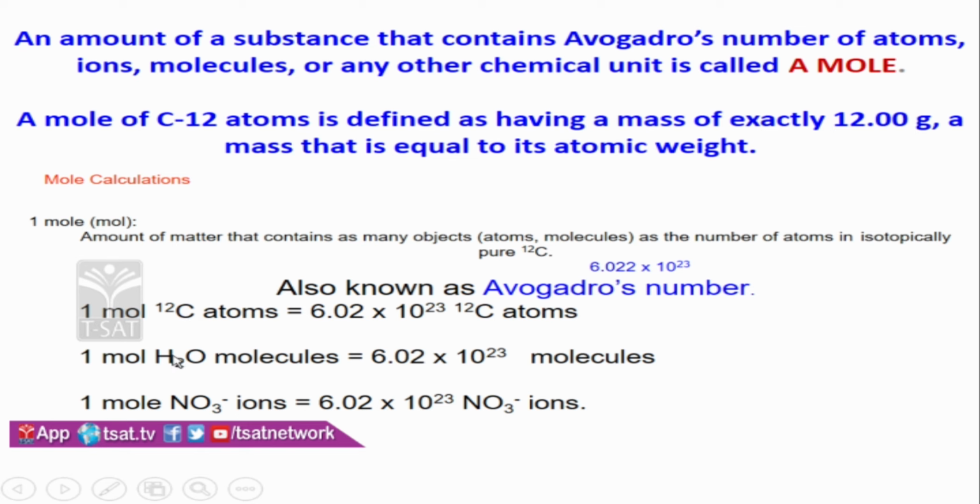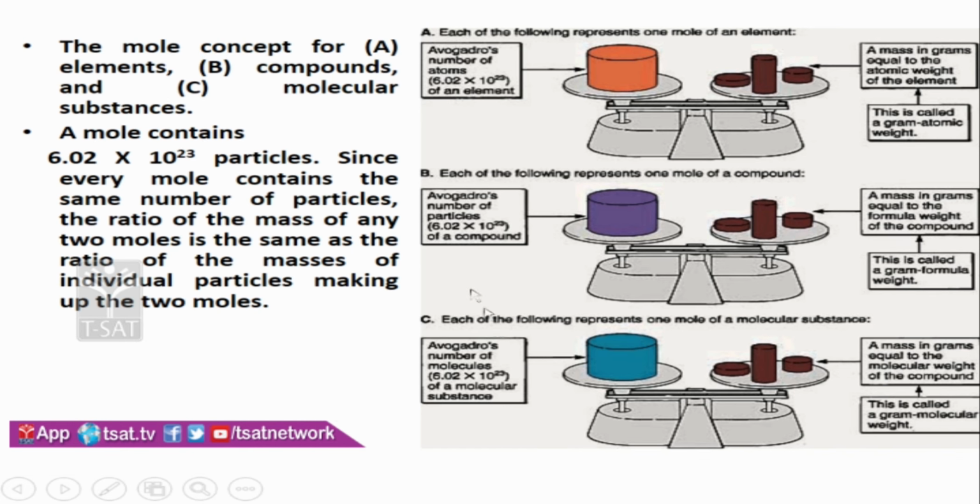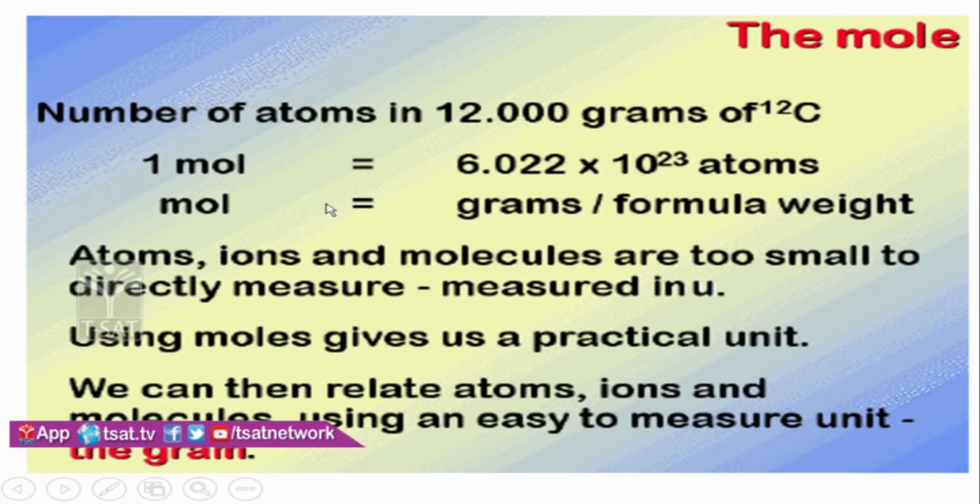Whatever is given, maybe a formula, atom, molecule or ion, the number will be the same, and the measurement will be in the same fashion. So, we measure like this. The mole concept applies to element A, element B, compounds, molecular substances. A mole contains 6.02 into 10 to the power of 23 particles.